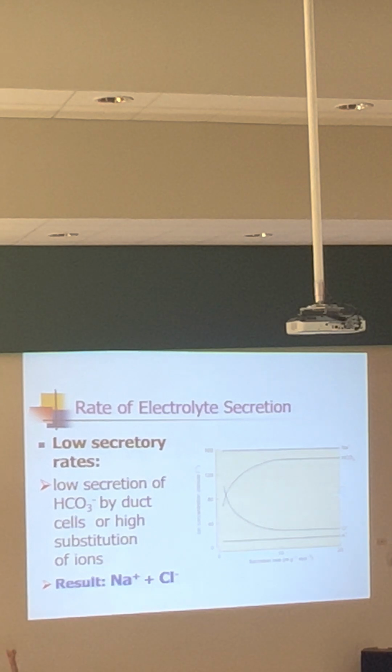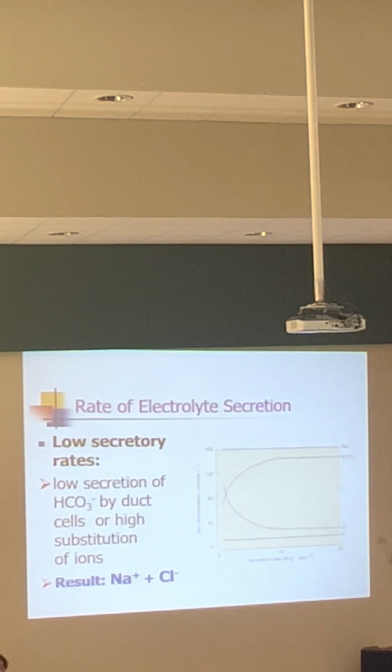As an isotonic secretion is passing down the ducts, one of the theories says that in the larger ducts, there's some evidence that some of that bicarbonate is reabsorbed in exchange for chloride. So there is a bicarbonate exchanger in the ducts. I haven't shown you that, I'm just stating it. The component theory that says there is that exchange means that at a low secretory rate, there's a lot of time for that exchange to occur in the large ducts.